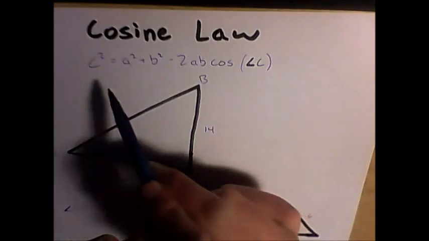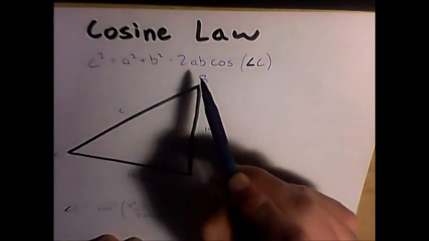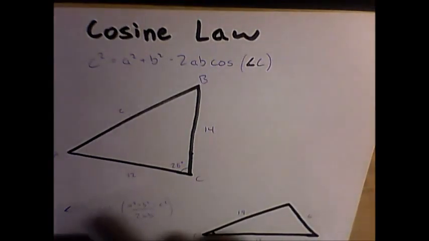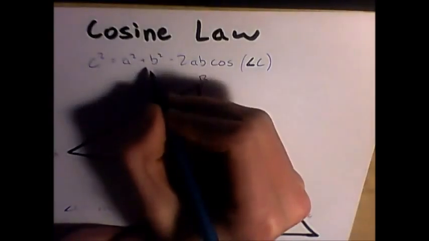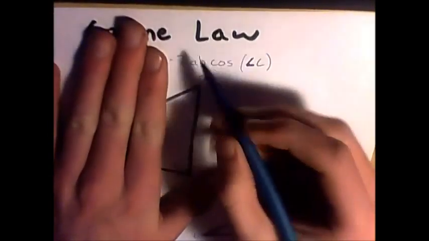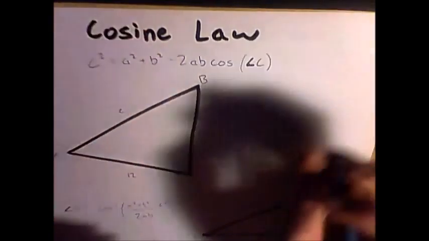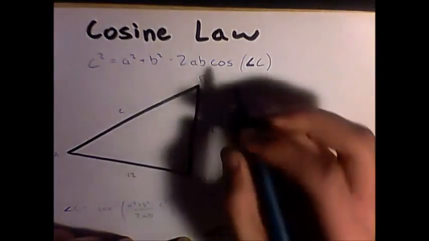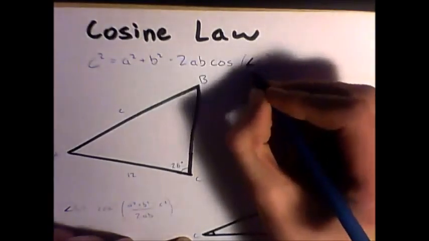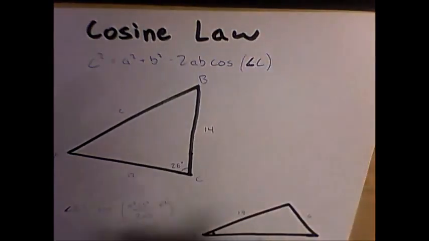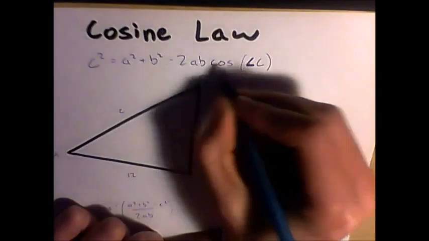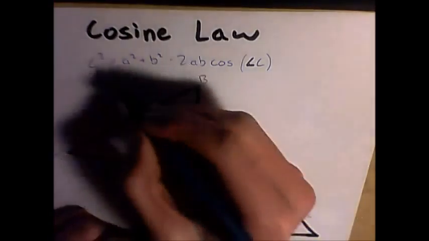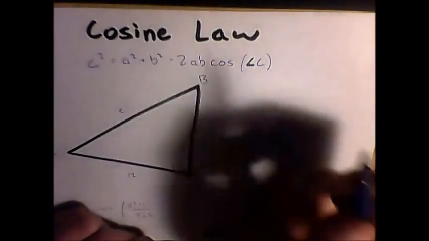And it's basically c squared is equal to a squared plus b squared minus 2ab cos theta, times angle C. So essentially here we have our Pythagorean theorem, and the extension here is 2ab cos of angle C. Now normally angle C is equal to 90 when we have right angle triangles, and cos 90 is equal to 0, so this just kind of eliminates itself, and all we have to deal with is c squared equals a squared plus b squared.